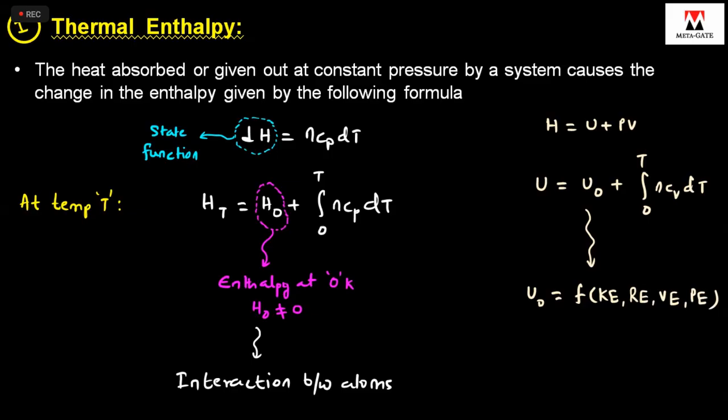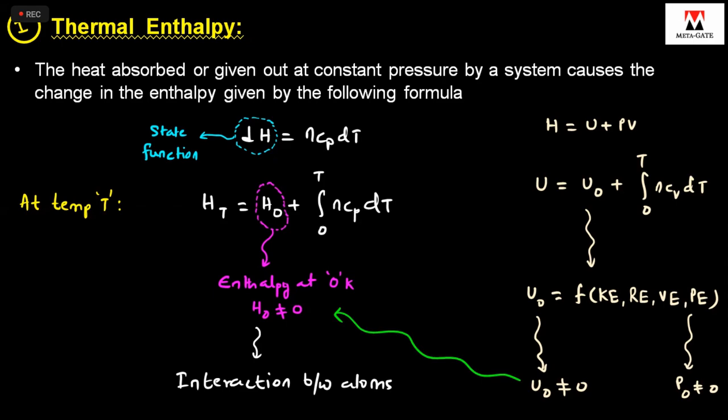The potential energy at 0 Kelvin need not be 0. We have seen this in physical metallurgy, batch 1. Since the potential energy is non-zero, U naught is also non-zero. Since U naught is non-zero, your H naught need not be 0. Right, please take this down.